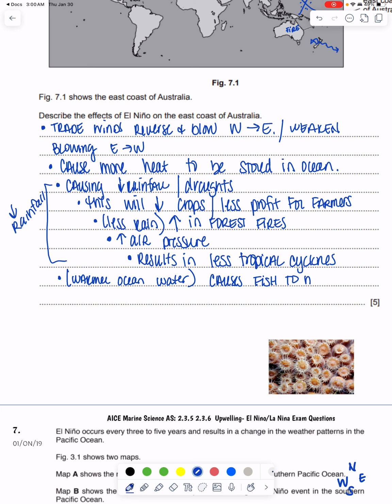Causes fish to migrate to deeper, or you could say to cooler areas. So fish are leaving. Also within this mark, just talking about what it's doing to the fish populations, the warmer ocean water, you could also say there's going to be a decrease in fish catches, like for the humans.